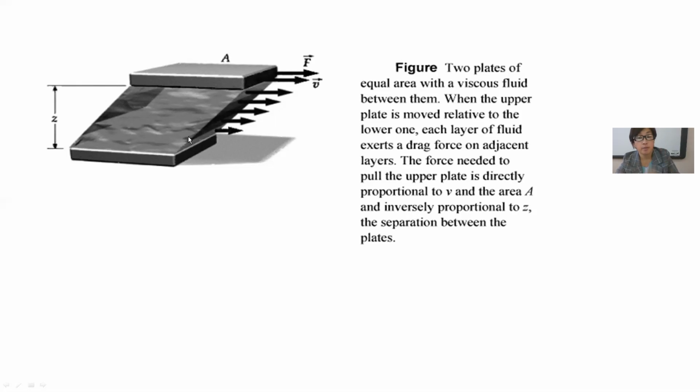When the upper plate is moved relative to the lower one, each layer of fluid exerts a drag force on the next layer. The force needed to pull the upper plate is directly proportional to velocity and area, and inversely proportional to Z, the separation between the plates.